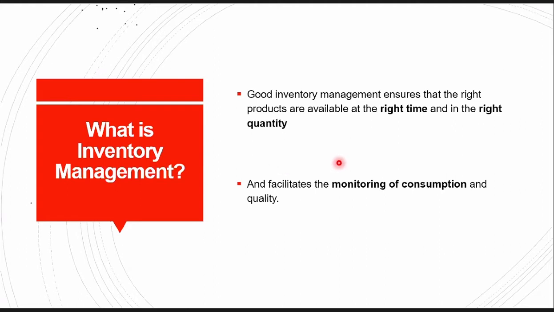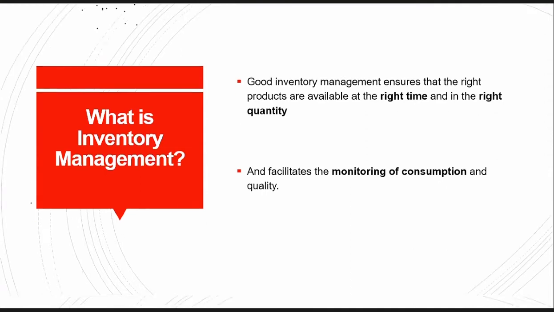So we need to monitor consumption as well as quality. So the way you monitor consumption, you have 400 drugs in your pharmacy. It's impossible to monitor each and every drug, but there is a way that you can use computer systems. Or if you don't have a computer, like I said, you can use Excel to have this visibility so that at any given time, you do not have stockouts of critical products.